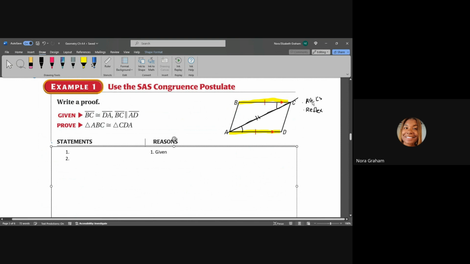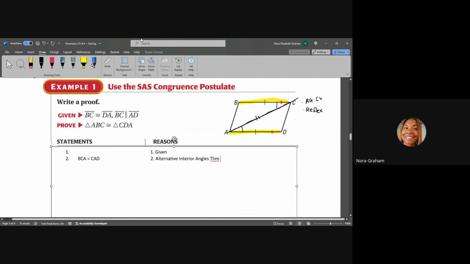So I know that angle BCA is congruent to angle CAD, and we know this by the alternate interior angles theorem.